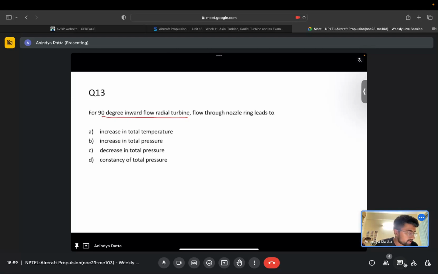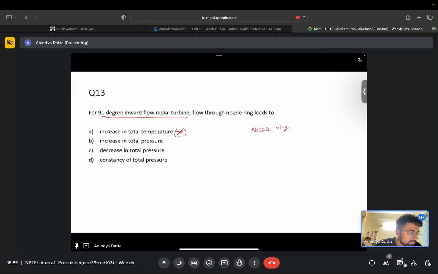Okay, let's look at the options one by one. Option C is the correct answer. So what happens in the nozzle ring? Again I will repeat the basic working principle of a nozzle: the static pressure will decrease and the absolute velocity will increase.